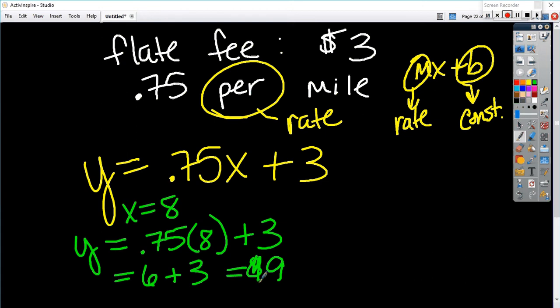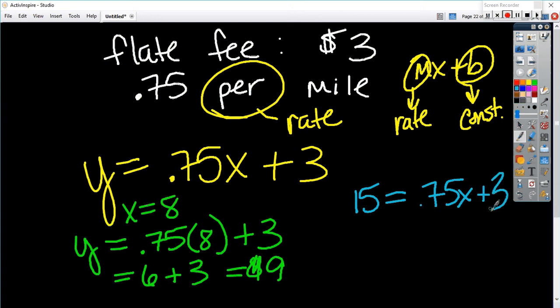You have to be careful because look at part C. What's C asking you? If it cost $15, it's telling you that after you plug something in, you get 15. It's wanting to know what is that something you plugged in. So it's going to be 15 equals 0.75x plus 3.